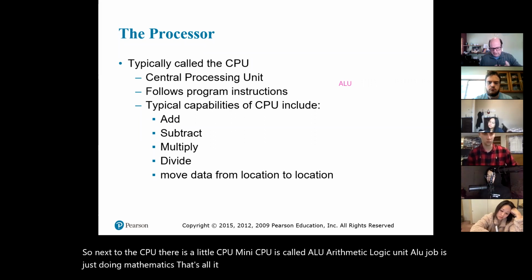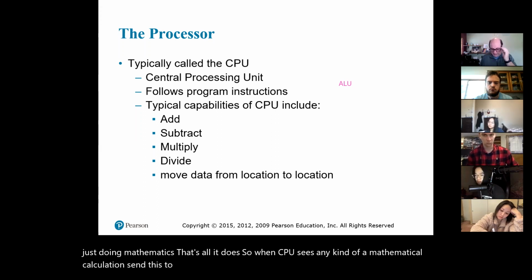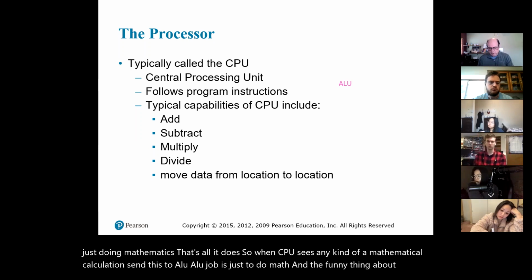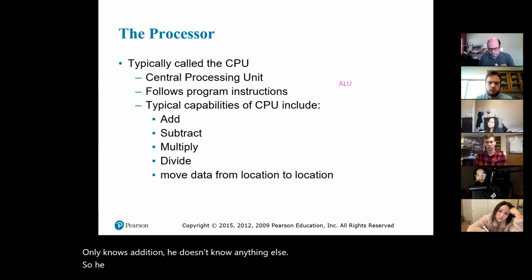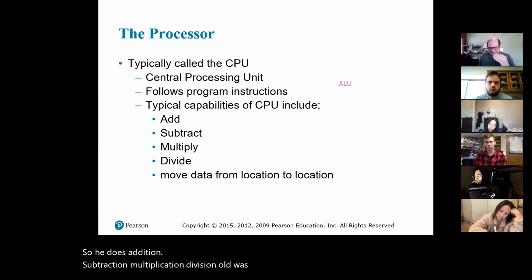So when CPU sees any kind of a mathematic calculation, it sends this to ALU. ALU job is just to do math. And the funny thing about it, it only knows addition. It doesn't know anything else. So it does addition, subtraction, multiplication, division, all those kind of things through addition. It's very, very interesting how it does that.